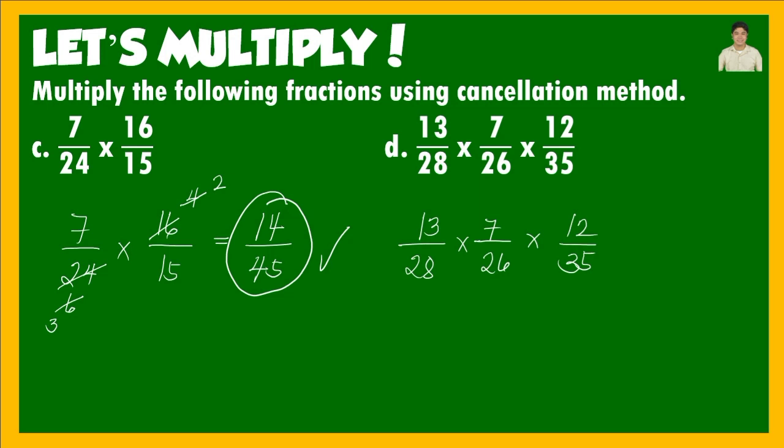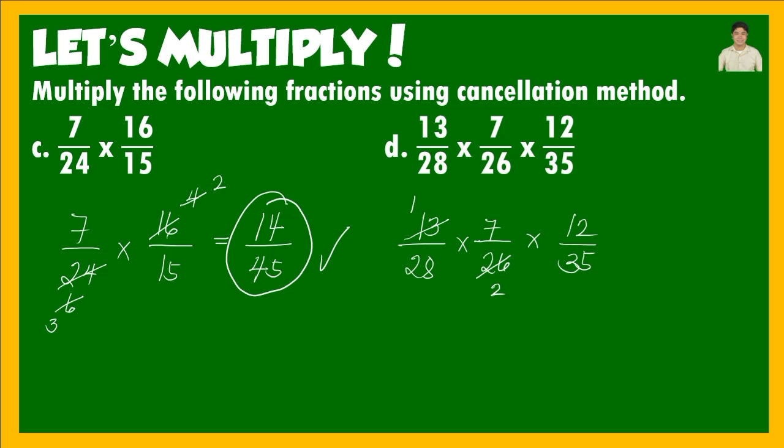Okay. So, yung 13 and 26, pwede po natin yang i-simplify. So, yung GCF ng 13 and 26 is yung mismong number 13. So, 13 divided by 13, this is 1. Then, 26 divided by 13, that will become 2. Next, 7 tsaka 28.